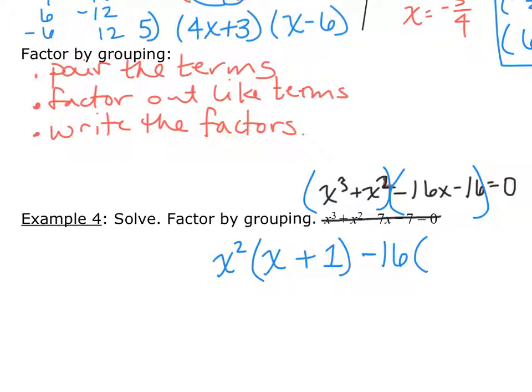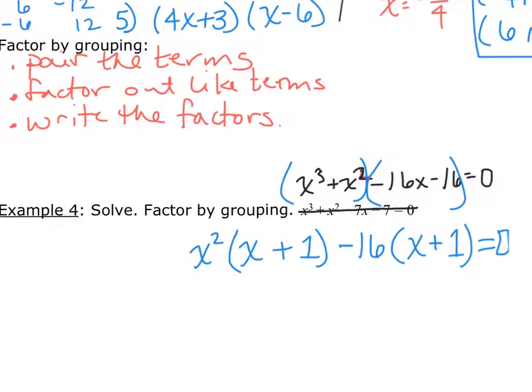So what about x, right? And then negative 16 times what gives me negative 16? Positive 1. Very good. Equals 0 still. All right.